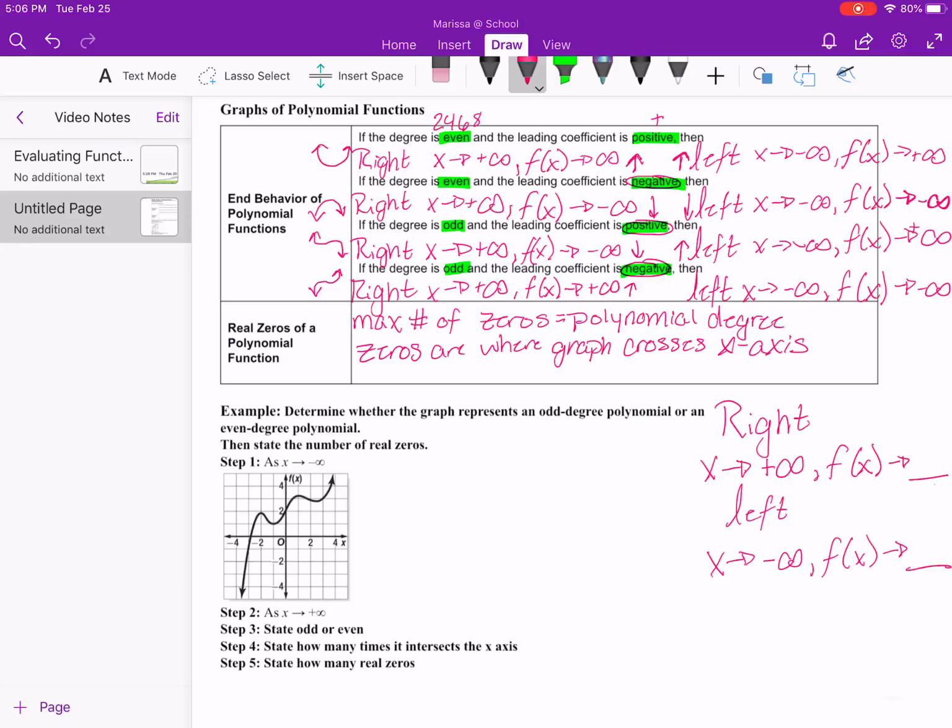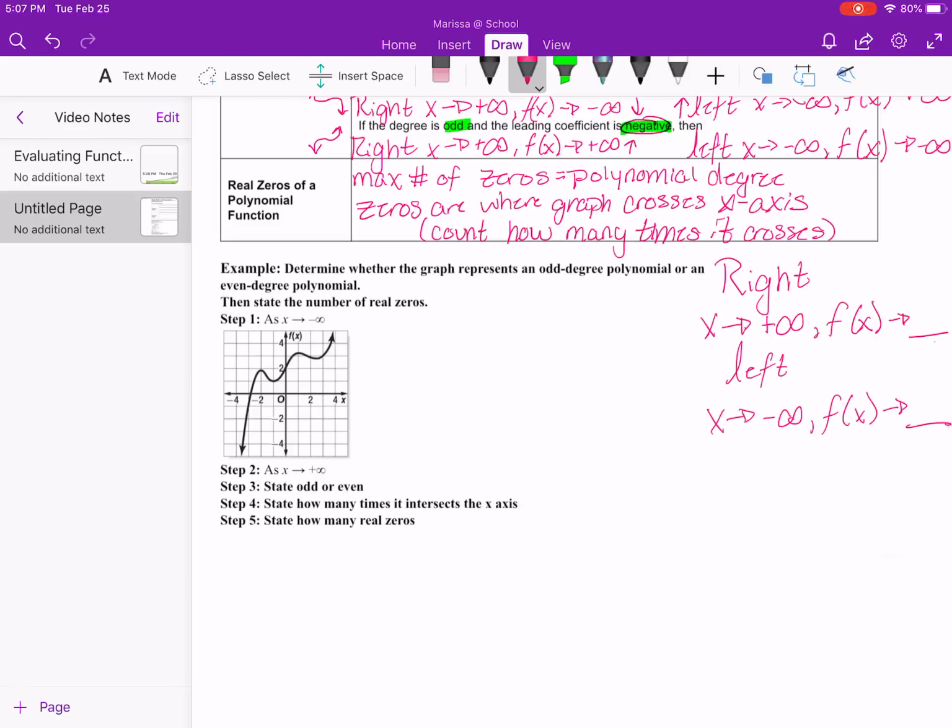So all I have to do is literally just count how many times it crosses the x-axis. Pretty straightforward, not much to it, which is awesome. So, like I said, we'll do more with zeros next week, but here's an introduction to it.